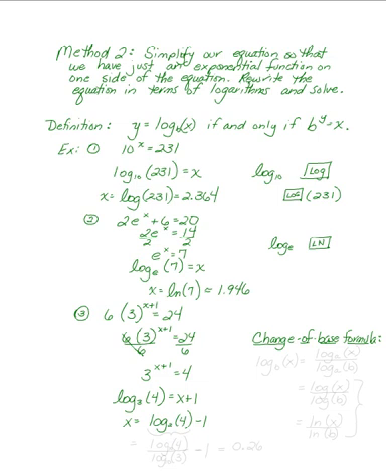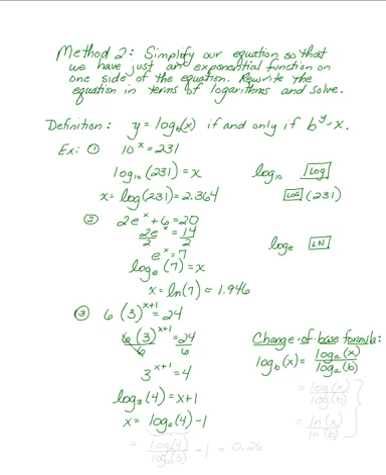The change of base formula says that if you have the log base b of x, you can rewrite this as the log base a, any base you want, of x, divided by the log base a of b, which was your original base.